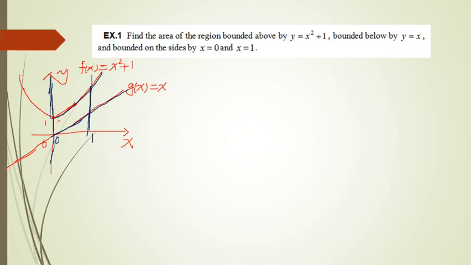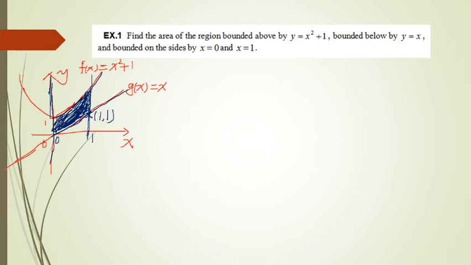So what is the region S? That will be this part, shaded by blue. And you will notice that there is no intersection at 1 for those two functions, because you can check that on the function g, when x is 1, the y value is 1.